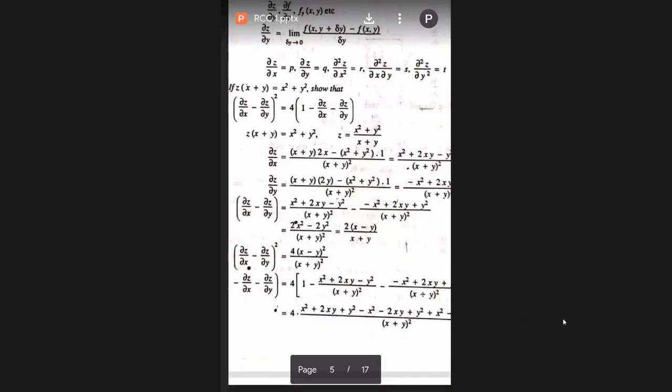Then del z del x minus del z del y, after differentiating, you will get 2 into (x minus y) by (x plus y). That much is clear. On the left hand side, del z del x minus del z del y is found out. Just square it, because the square is required.